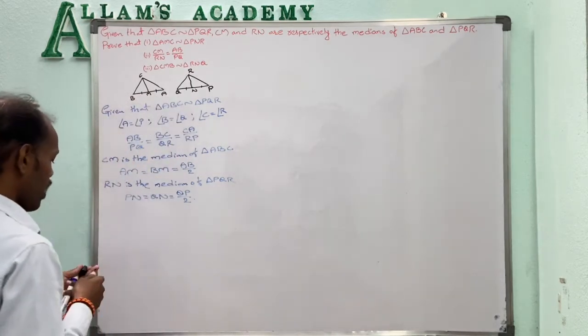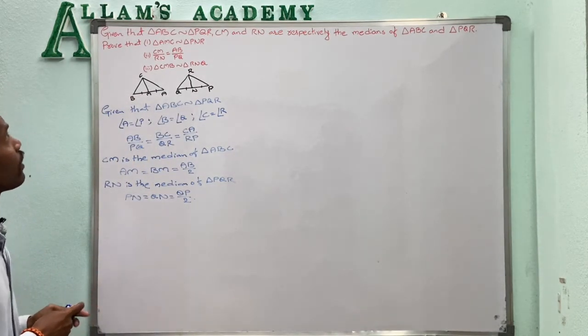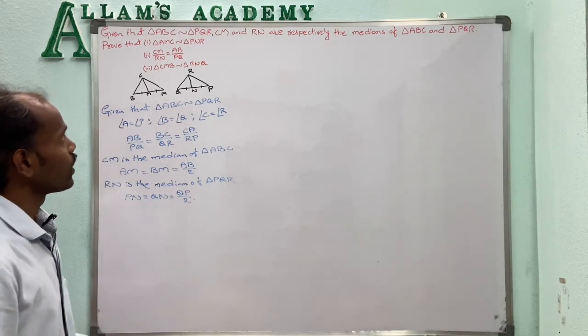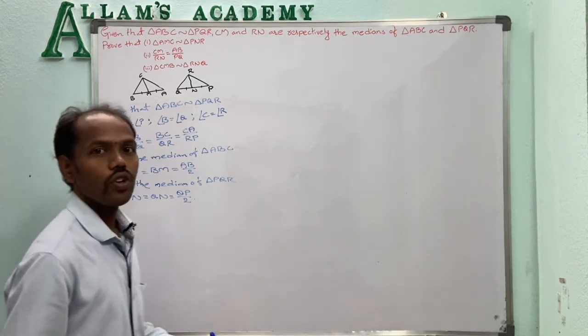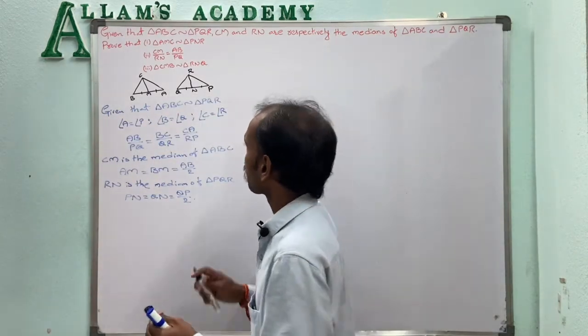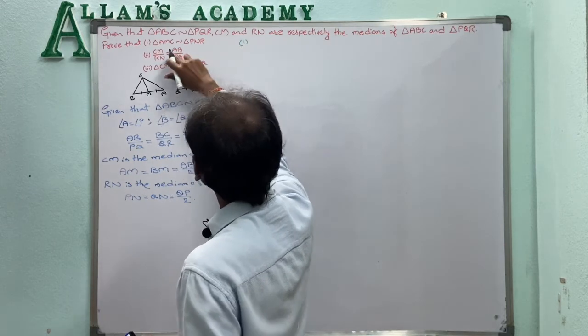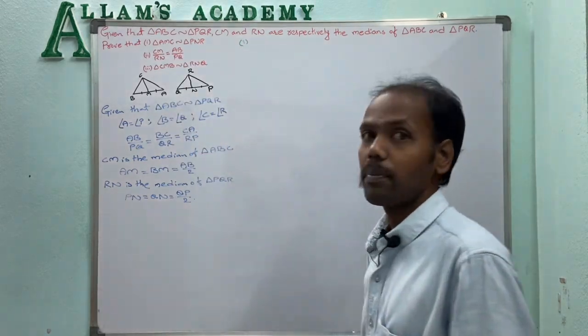Now by using this information, we solve the problem. The first one is to prove triangle AMC is similar to triangle PNR.